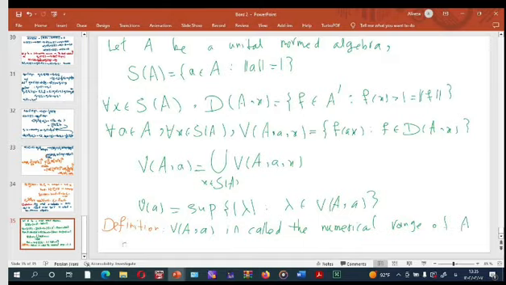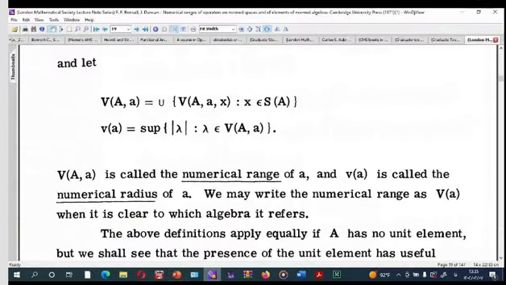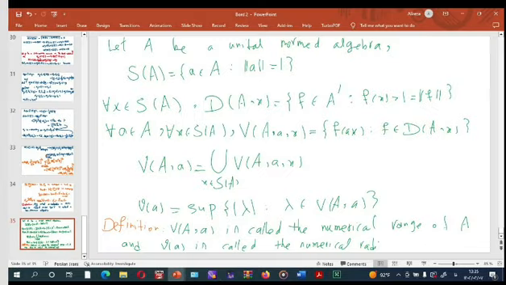And v(a) is called the numerical radius for a. Again, okay, these two definitions are important.